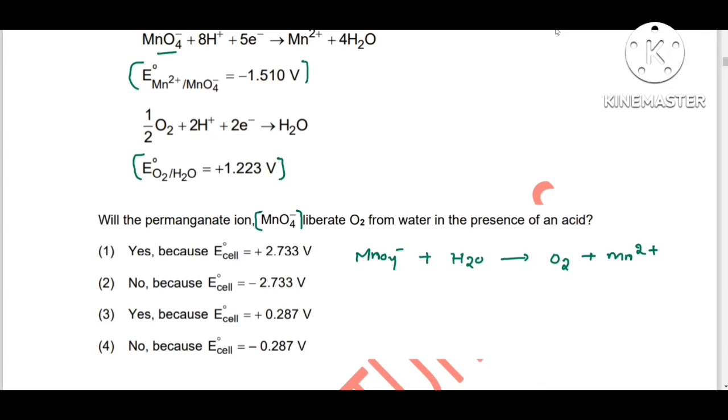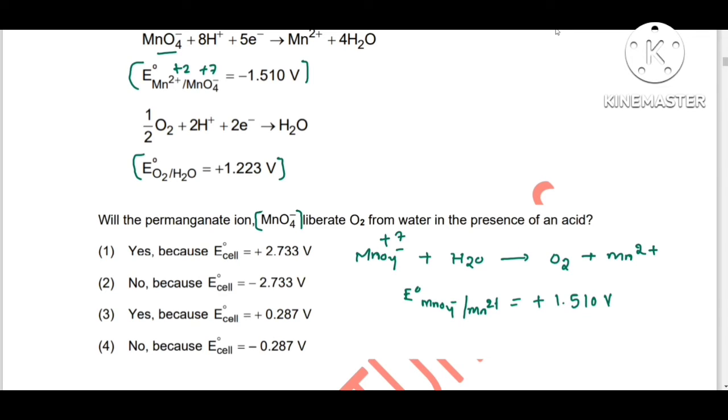Now let us see the E0 values. Here they have given E0 of Mn2+ to MnO4 minus, that means +2 to +7. But here it is +7 to +2, so the value is reversed. That means E0 of MnO4 minus to Mn2+, the negative becomes positive, +1.510 volt.